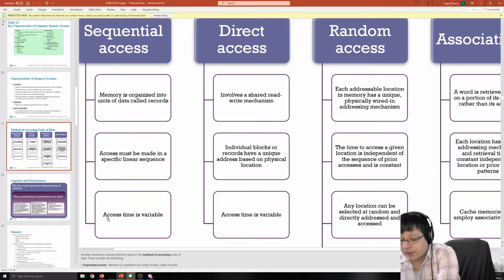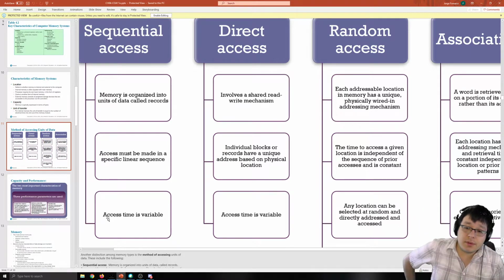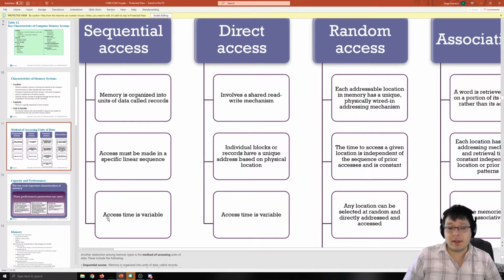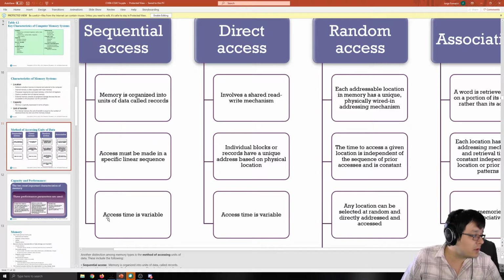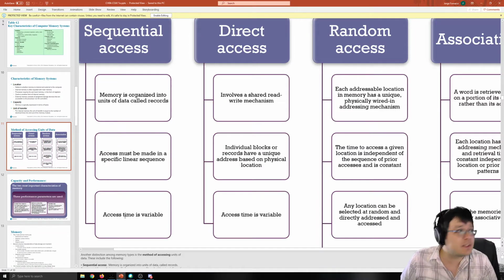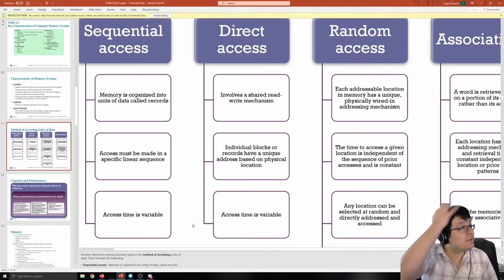They say here they'll talk about it in chapter 7, so you will talk about magnetic tapes in chapter 7. But ultimately, that's old school. As you can see, it's not very efficient, because access time being variable is not a good thing for us if we're trying to access information. That slows us down quite a bit.